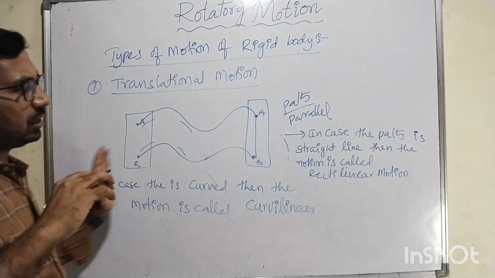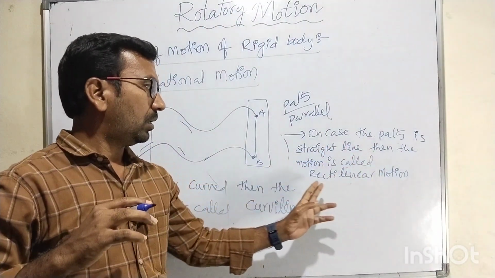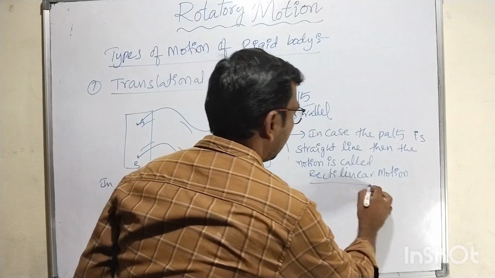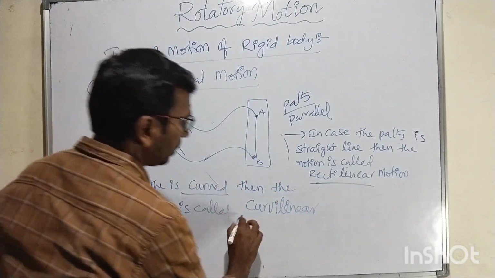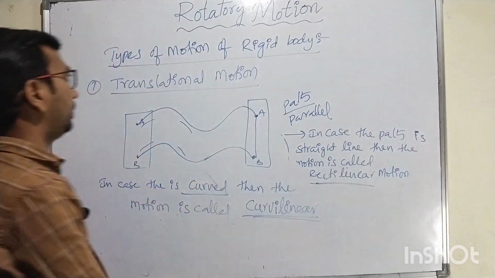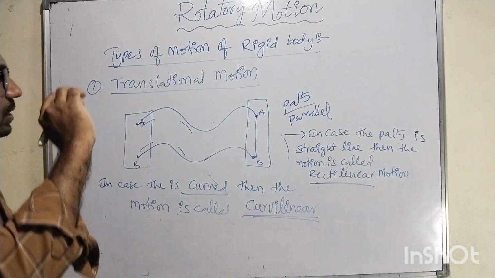In case the path is a straight line, the motion is called rectilinear. In case the path is curved, the motion is called curvilinear motion. So this is about translatory motion.